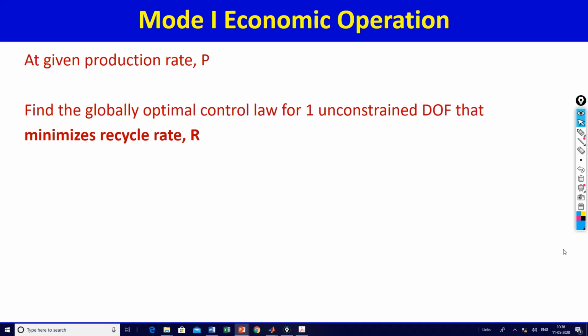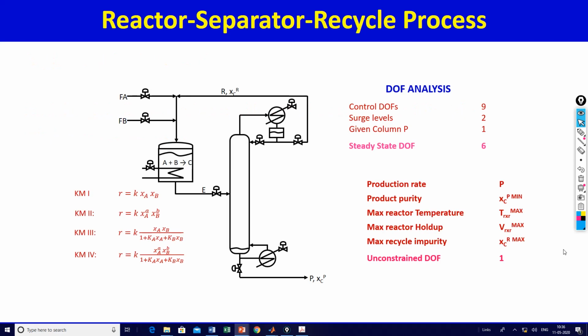Our economic objective here is to minimize recycle rate, and we've taken minimizing recycle rate as an economic objective because that helps make the analysis tractable. You can make analytical derivations, some very clean derivations that I'll go about. And note that recycle is essentially unreacted A and unreacted B, and this unreacted A and unreacted B is actually boiled off.